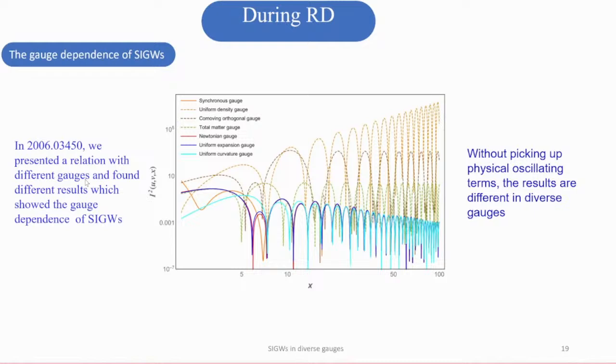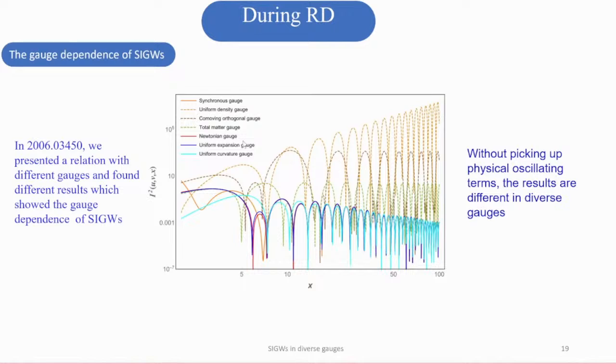Here, for different gauges, I just present the result of the kernel function. You can see, this figure is taken from our paper, where we presented a relation with different gauges and found different results, which showed the gauge dependence of scalar induced gravitational waves. Without picking up the physical oscillator, the results are different in diverse gauges.